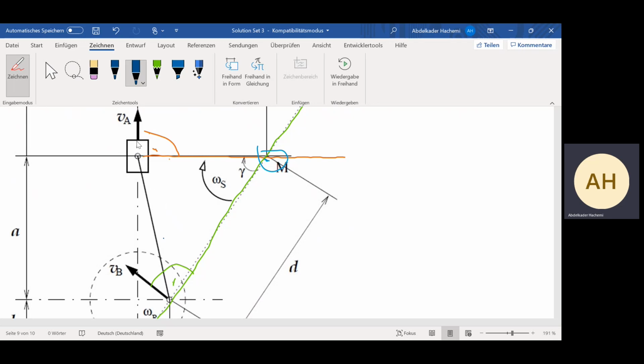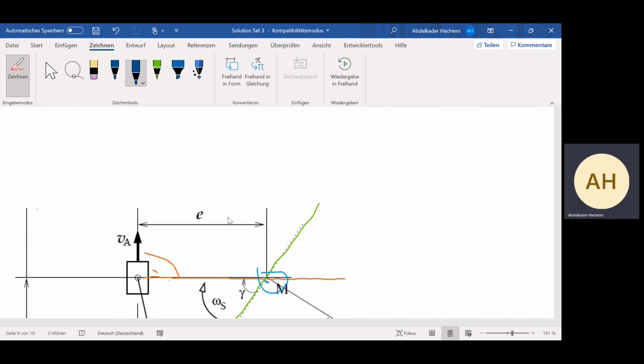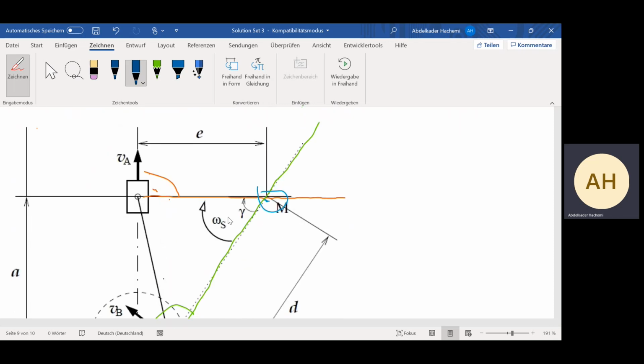Then it means they have here only the motion, it's VR. Then we can say that the velocity VR is the velocity of this point here, which is 0, plus omega S, this distance here, or this distance E. We can say that VR is also Vm, which is 0.